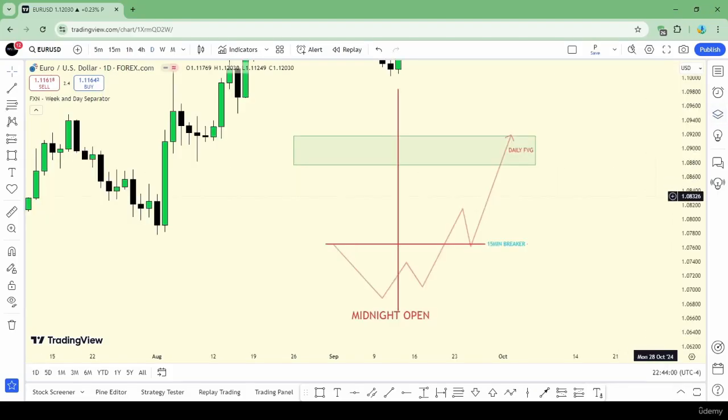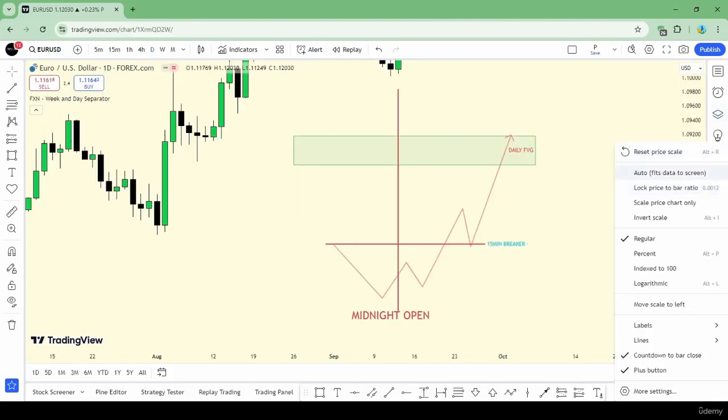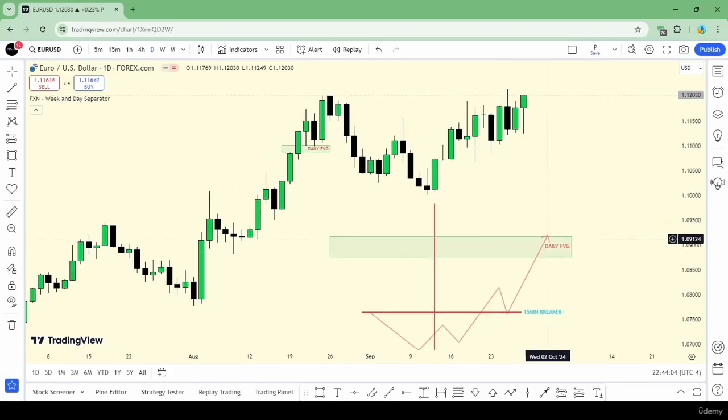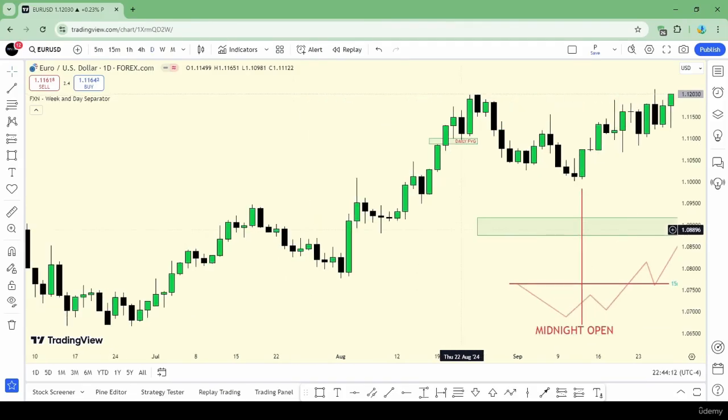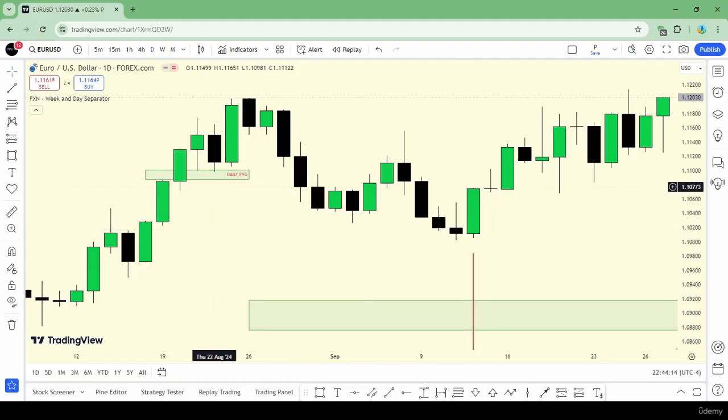So the first example is this one, which occurred. You can see that in this example we had a daily fair value gap which was left on Wednesday 21st.